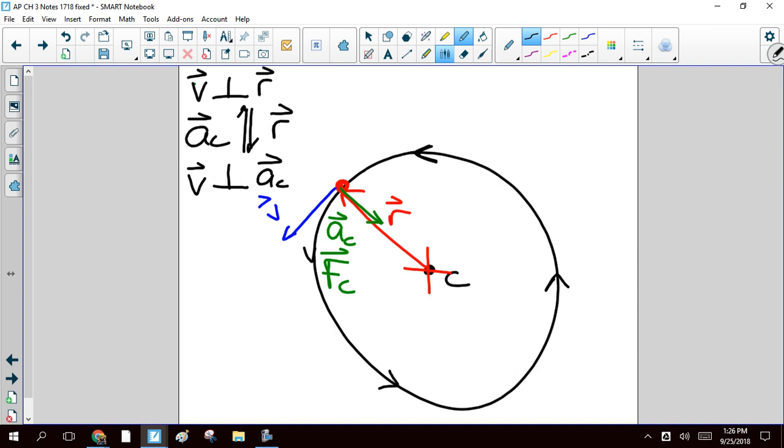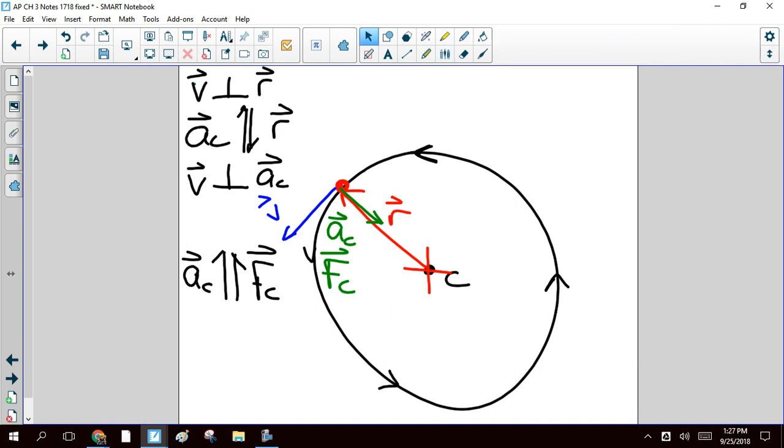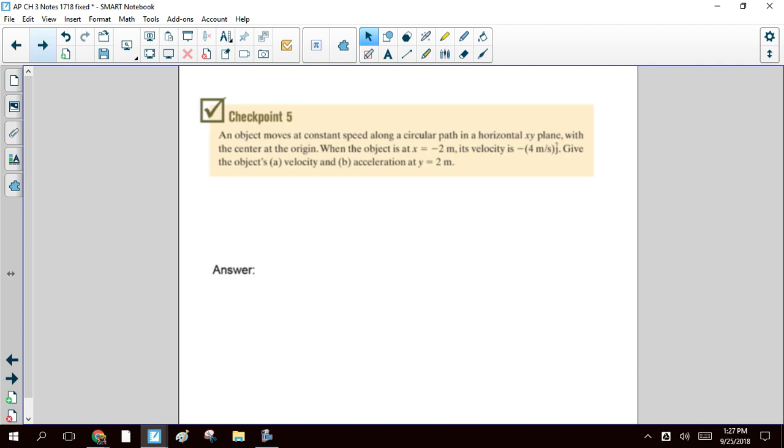And remember, your centripetal force and your acceleration always point in the same direction. So our centripetal acceleration is parallel, in the same direction, with our centripetal force. So that is that.